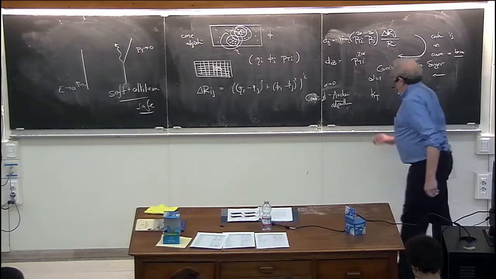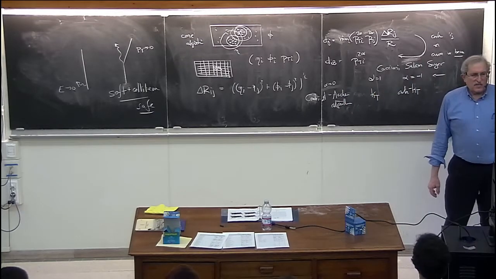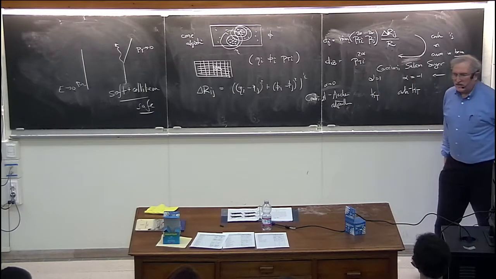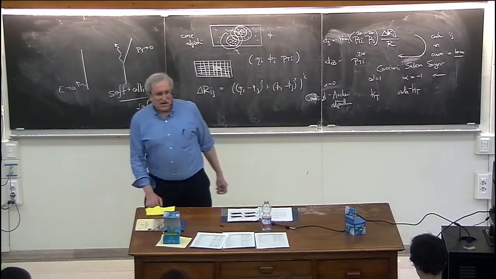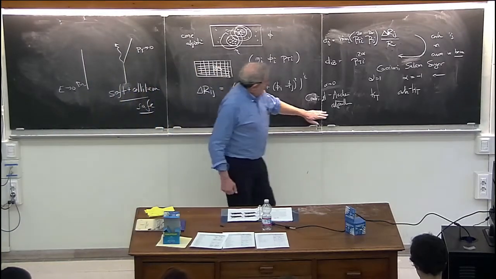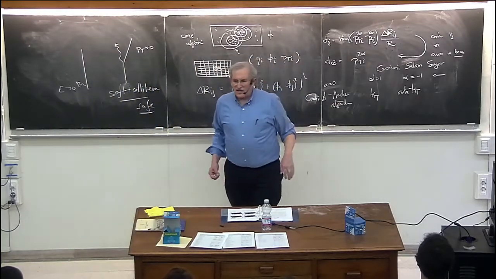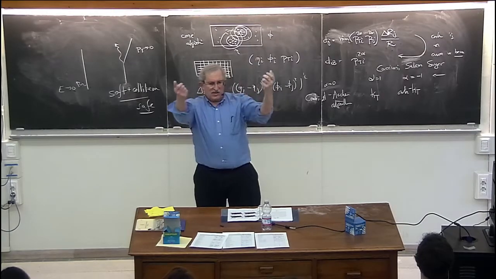The Cambridge-Aachen and the KT algorithms are used for some purposes in the LHC experiments. In particular, I probably am not going to have a lot of time in these lectures to talk about boosted particles. But these algorithms are much more closely related to the actual path by which QCD turns a quark into a jet.